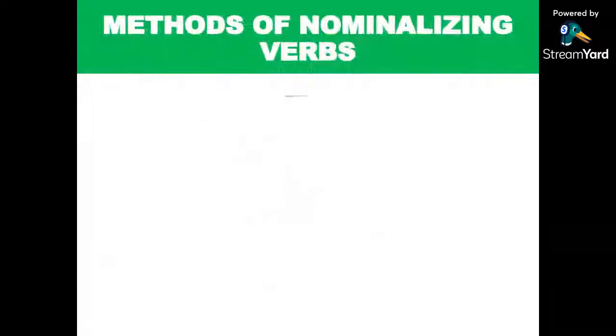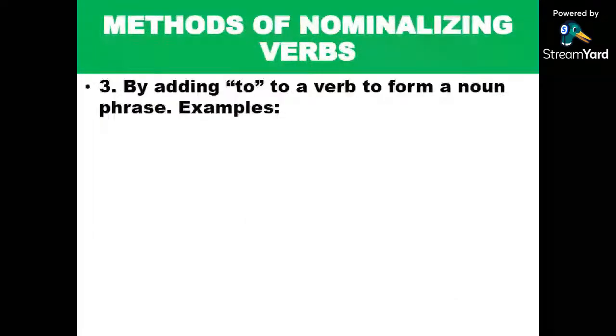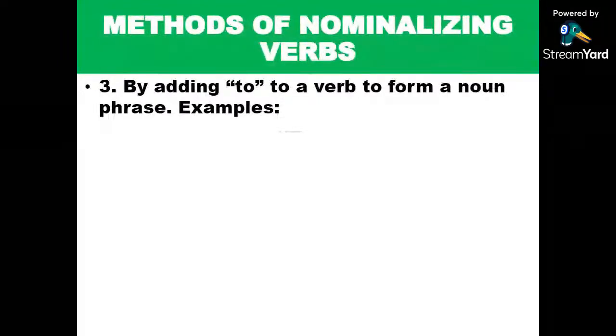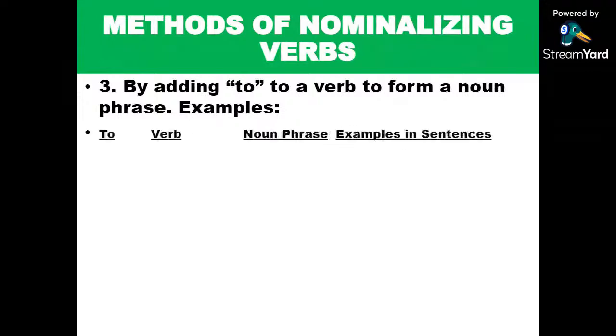Now, let's look at the third method, which is by adding the preposition to a verb to form a noun phrase. Of course, it could be called the infinitive phrase. Now, let's begin to look at this table. When we add to the verb err, what we have is the noun phrase to err.